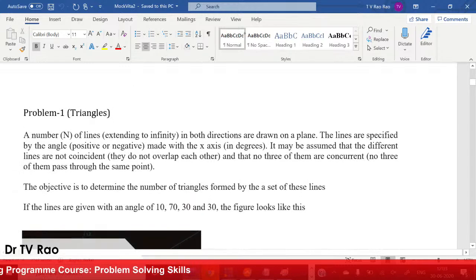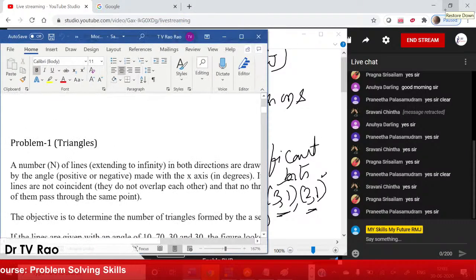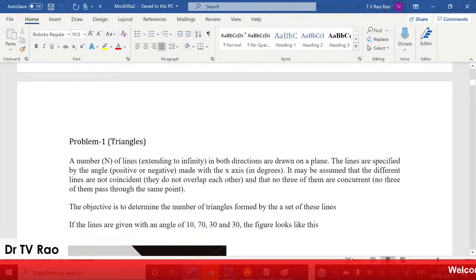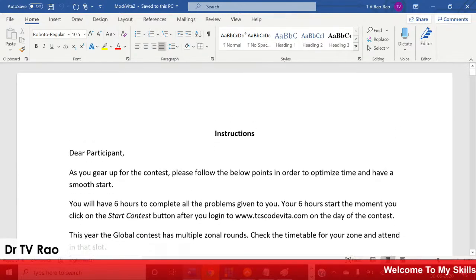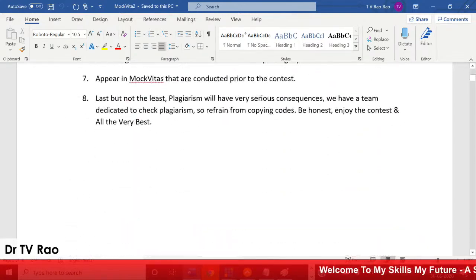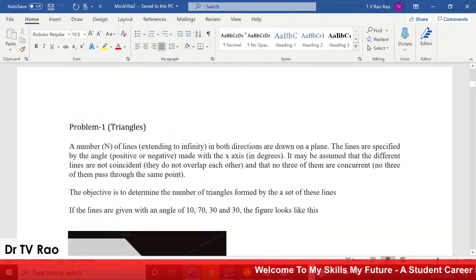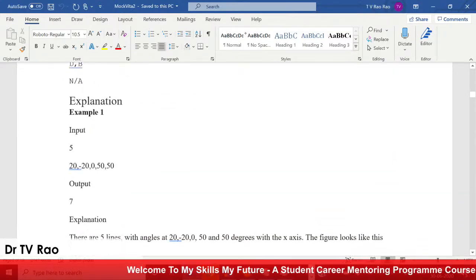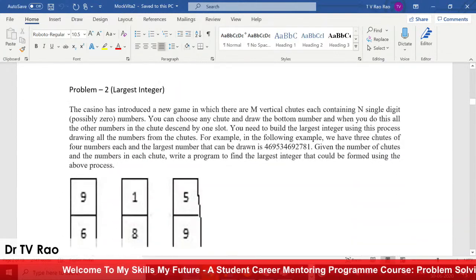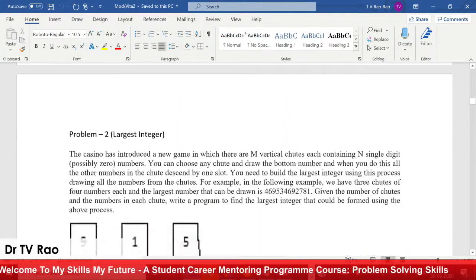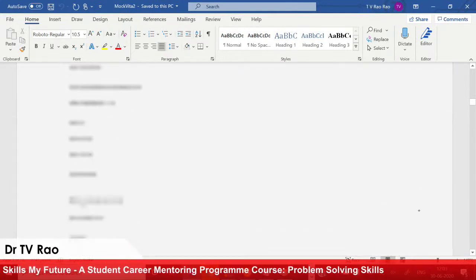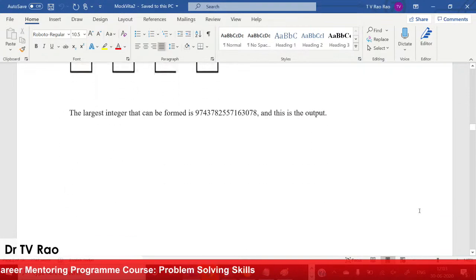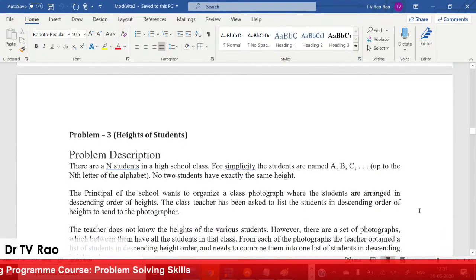You try this at home, today or tomorrow, and we discuss it later. This is a problem of triangles. Largest number problem. Heights of students.